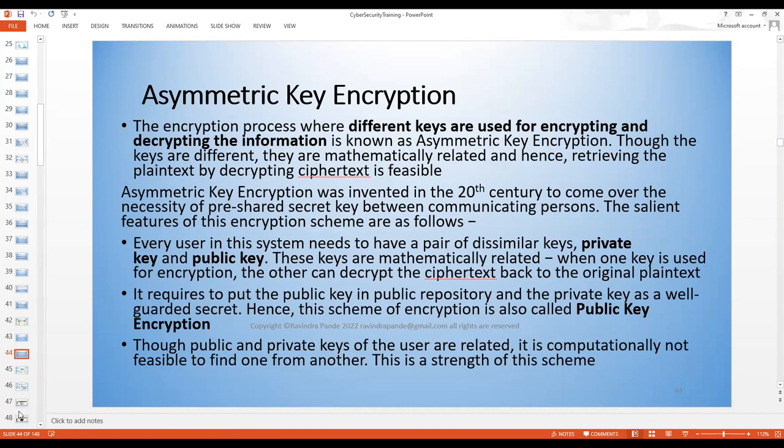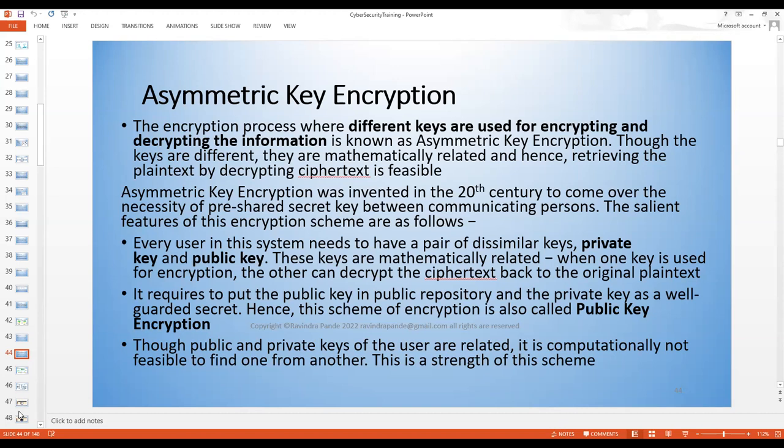So it's not like I'm using a username as a key and you're using a password as a key. No, there are related mathematical models, like the ciphertext we have understood. We need to use a similar mathematical model to decrypt also. Retrieving the plain text by decrypting ciphertext is feasible. Ciphertext is what we call encrypted text.